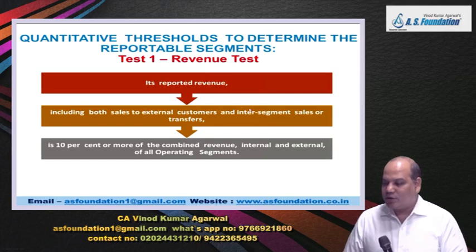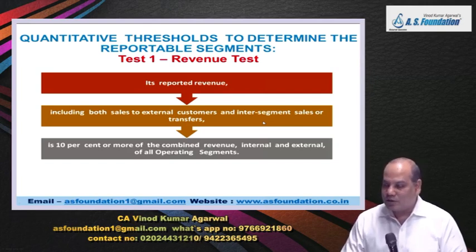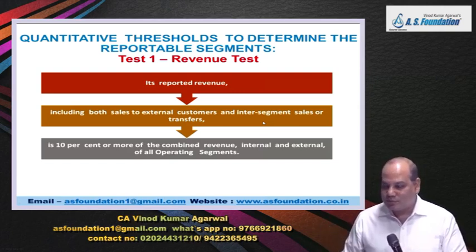Why internal sale is also considered? We have discussed in the beginning, some segments may only supply to other segments only, and they may not supply to external parties, but they may be important because huge amount of money may have been invested in those segments. So therefore, we need to assess their performance also.